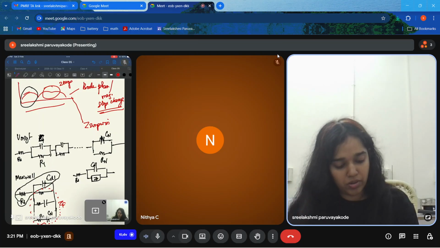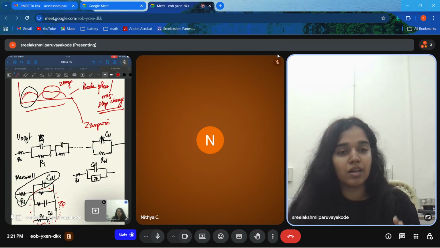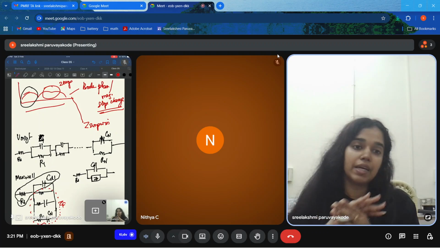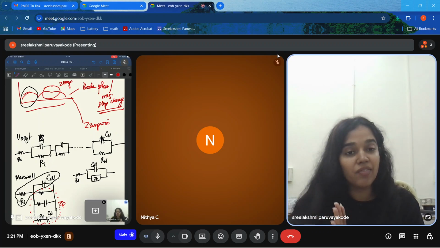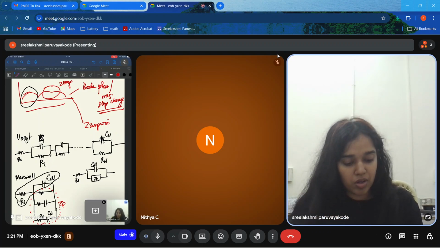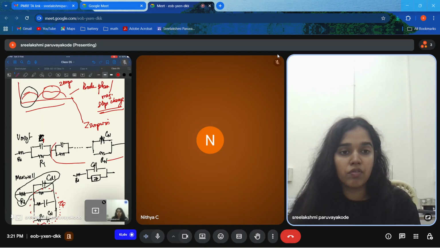When it comes to the Voigt circuit, I cannot separate out the double layer capacitance from the Faraday reaction. Why? Because I have one C1 here, another R1 here. I cannot say this is ZF. Then what is this entire part? So the problem when you're using the Voigt circuit and fitting the data is that you cannot group the double layer capacitor and separate it out from the Faraday impedance.